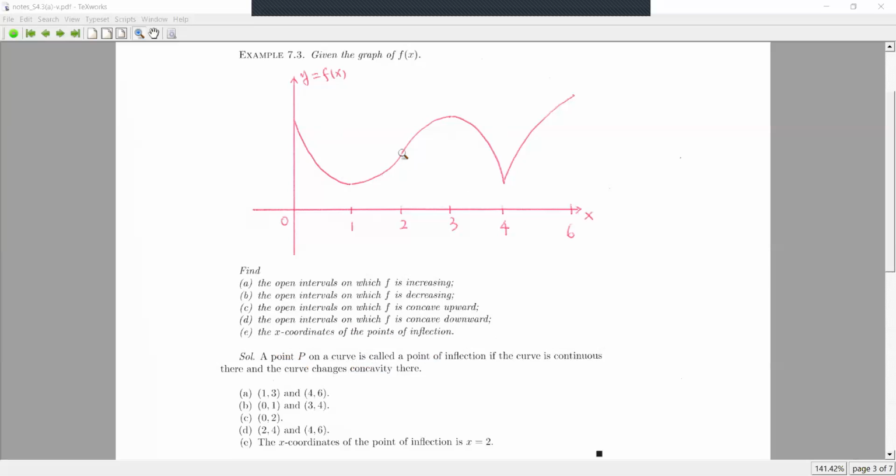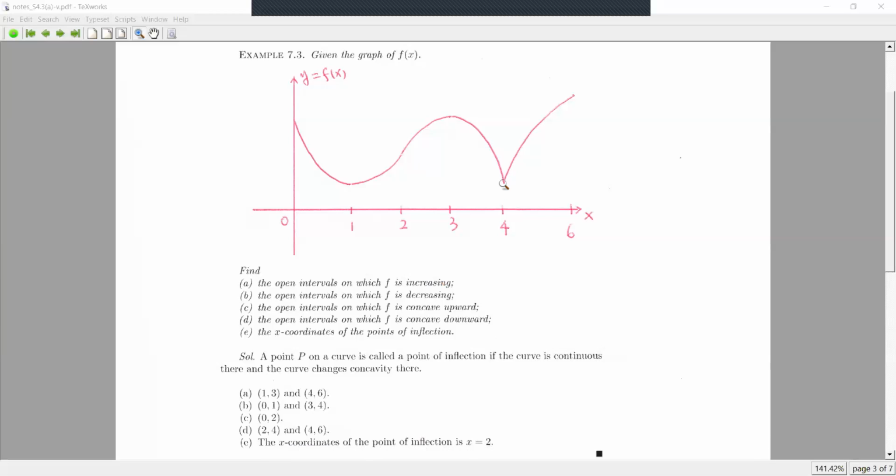Yeah, at this point, the curve changes from concave up to concave down. So this point on the graph is a point of inflection. Its x coordinate is 2. So the answer is the x coordinates of the point of inflection is 2.